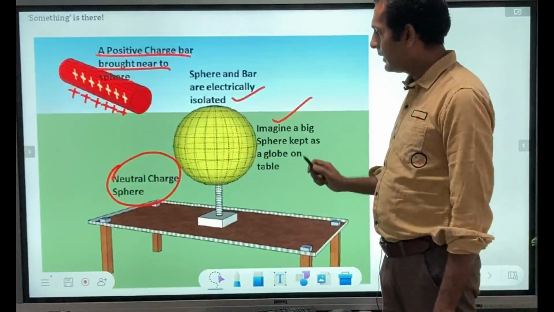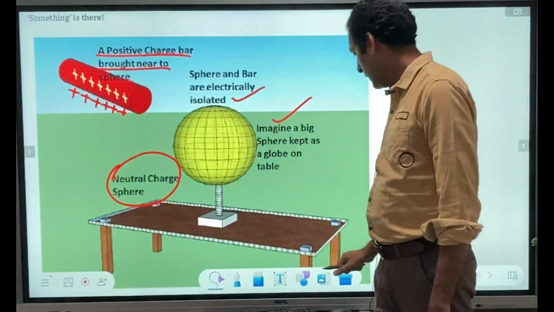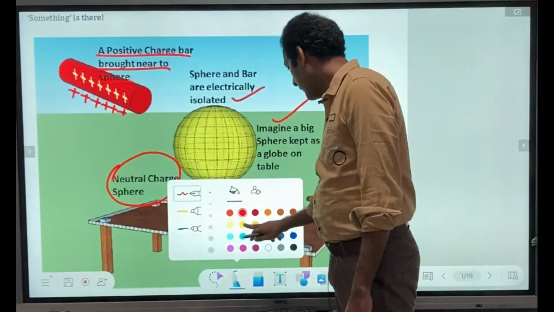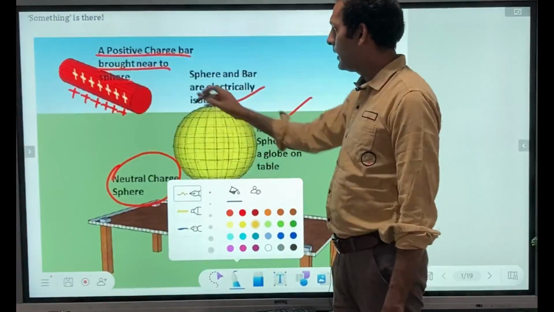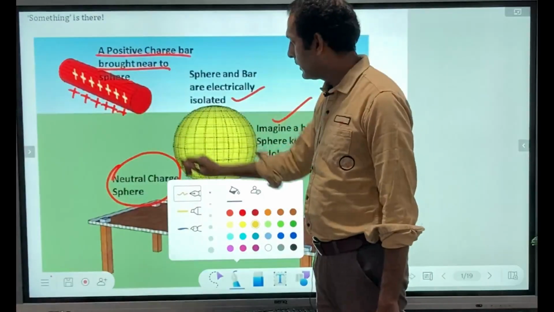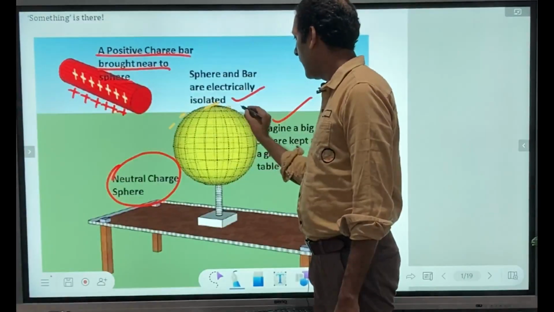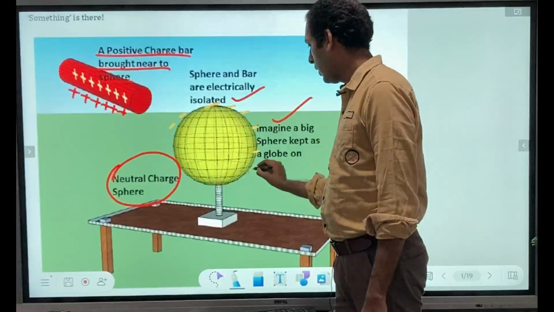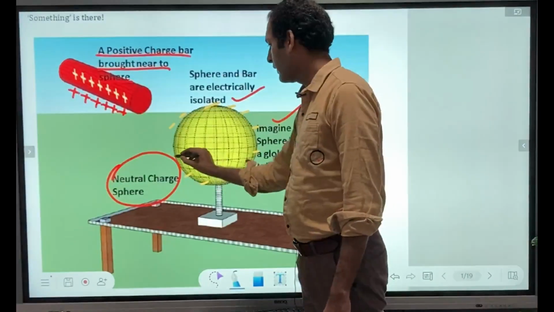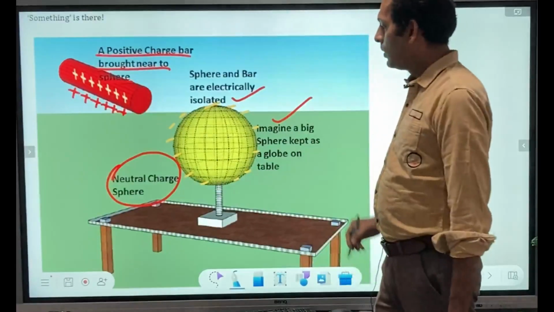Now miraculously, what we observe is that when we bring this electrically isolated sphere near a charge, then it also gets equal and opposite charge on its surface. So what happened?